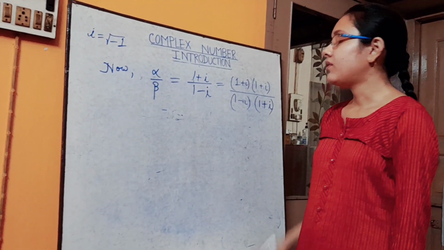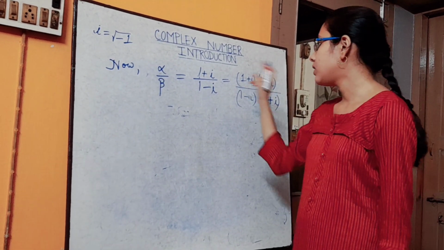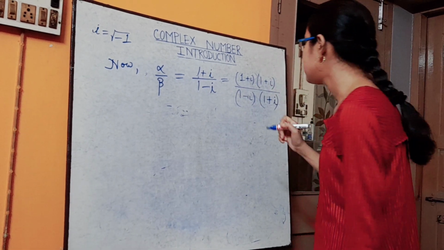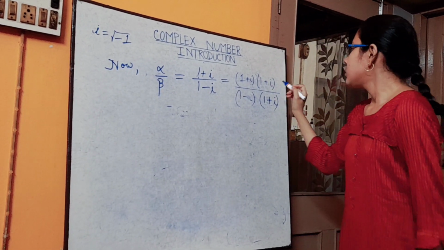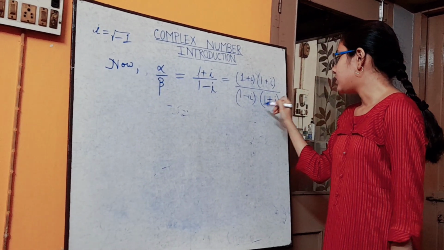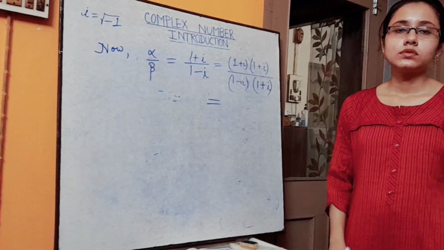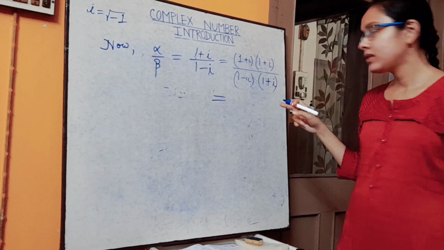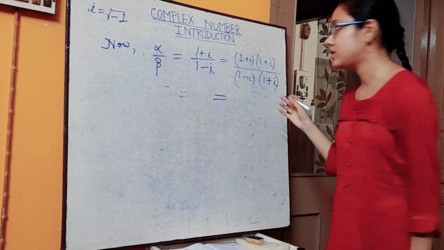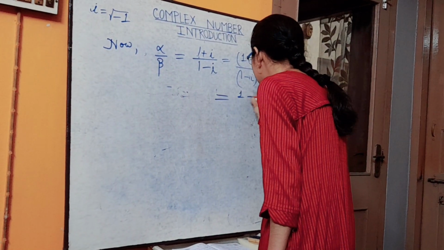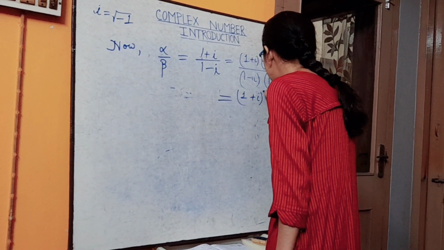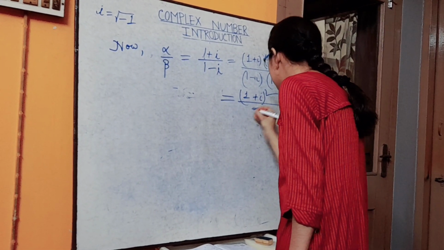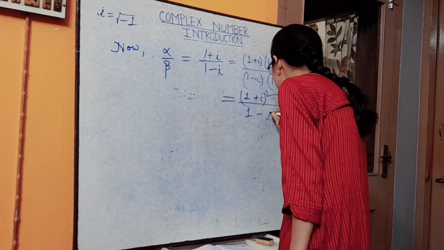Go. Alpha by beta can be written as 1 plus iota by 1 minus iota, which is equal to (1 plus iota) into (1 plus iota) by (1 minus iota) into (1 plus iota). As we do in rationalization, here is the same process. It becomes (1 plus iota) square by 1 minus i square.